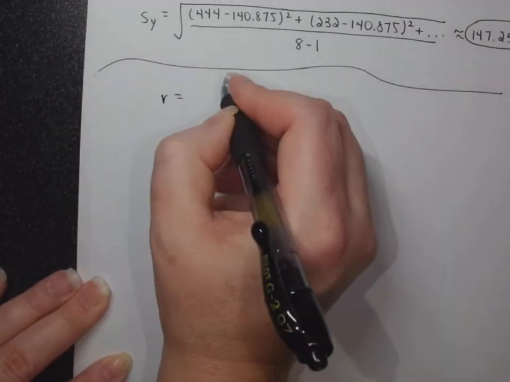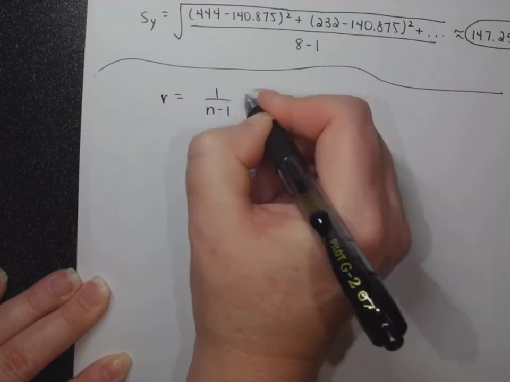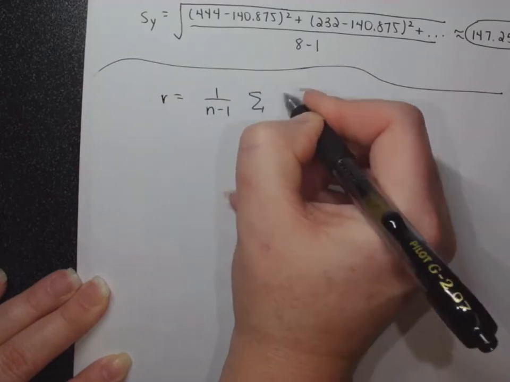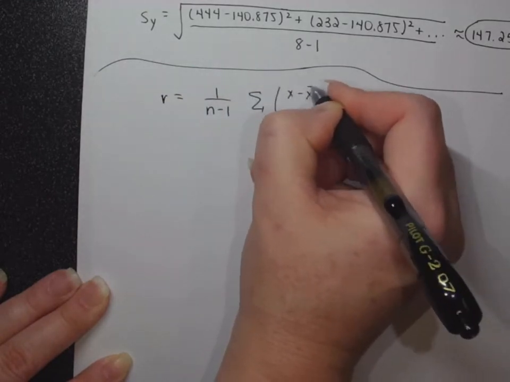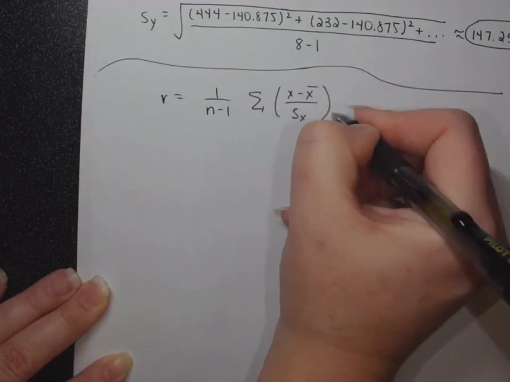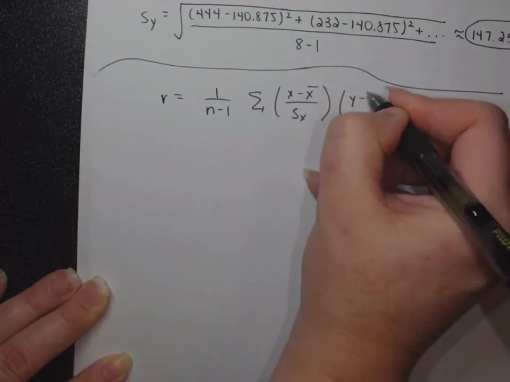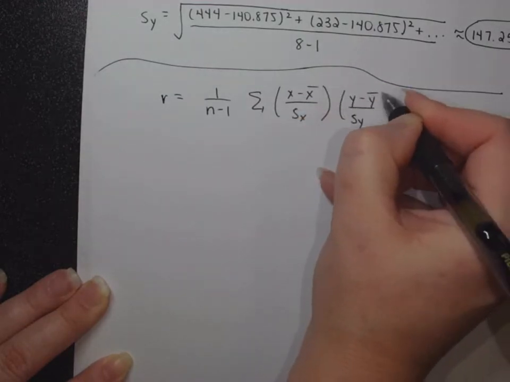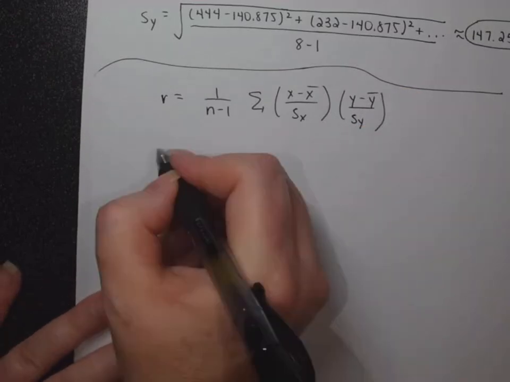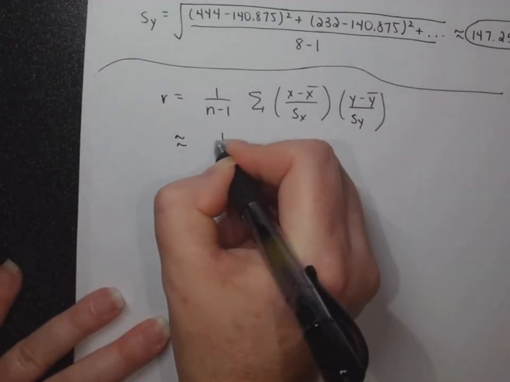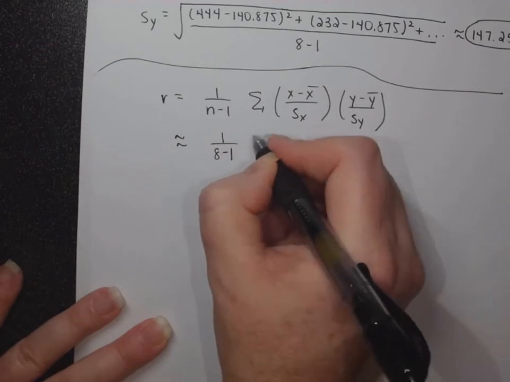But when we want r, we want 1 over n minus 1 times the sum of all the x minus x bars over standard deviations times the y minus y bars over those standard deviations. And so what we're going to get for r is 1 over 8 minus 1 times the sum.